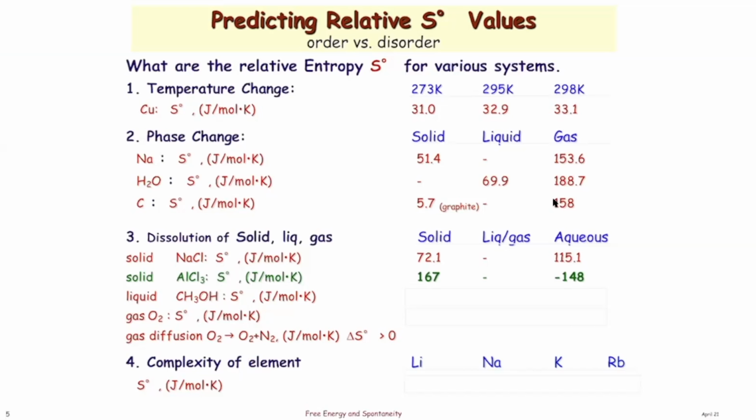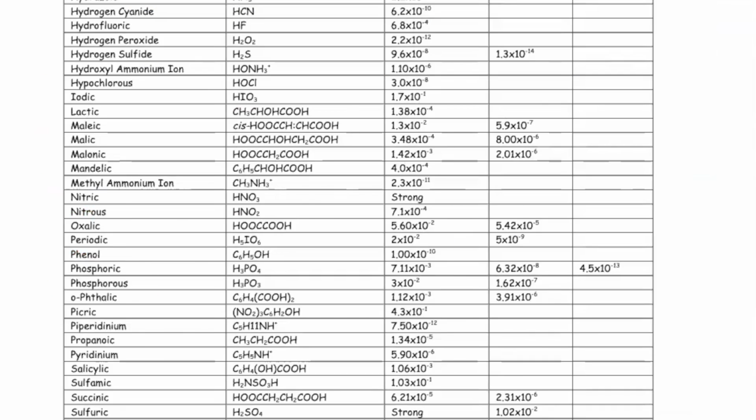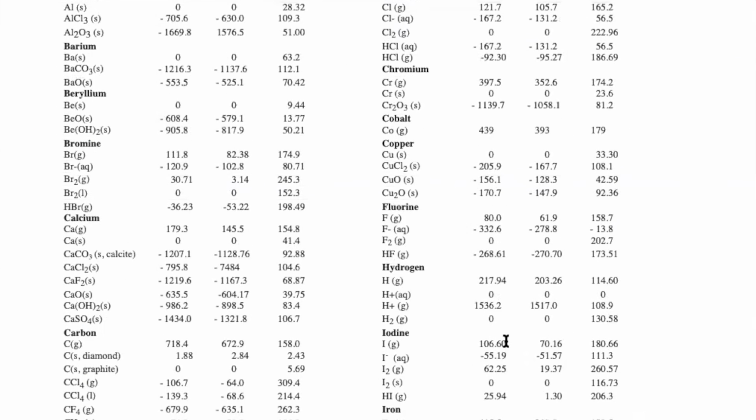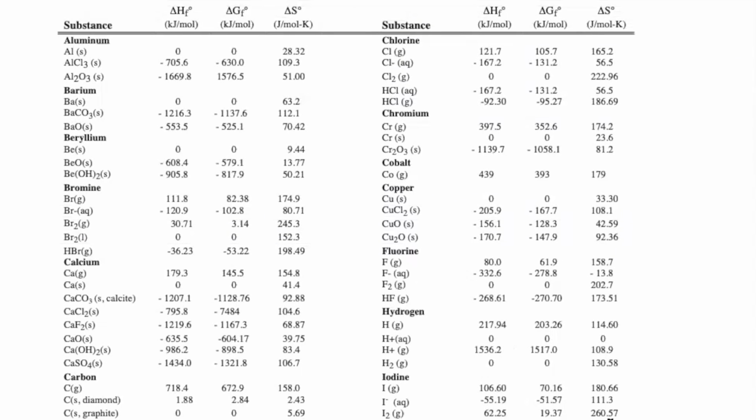If you're really not clear as to whether the entropy increases or decreases, you could easily look it up in a table. What is that table? A table that looks like this. This is found in your appendix, in the thermodynamics data. What you can do is look up aluminum chloride.